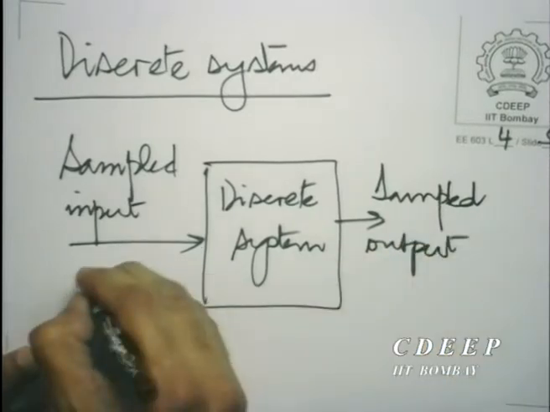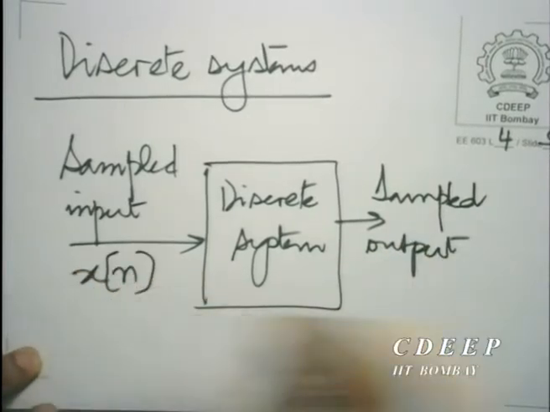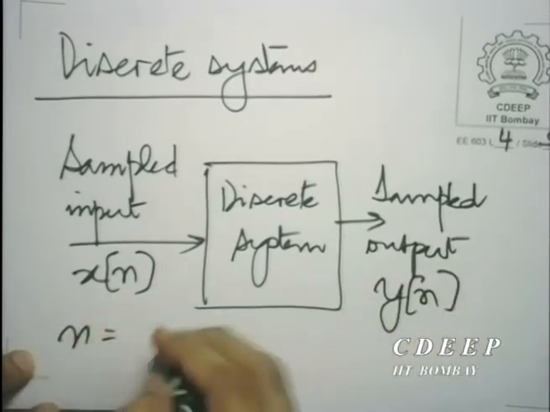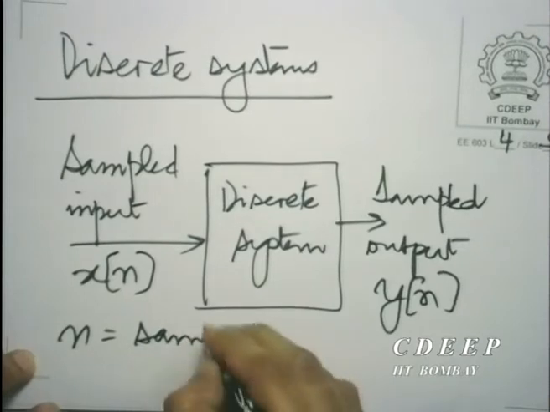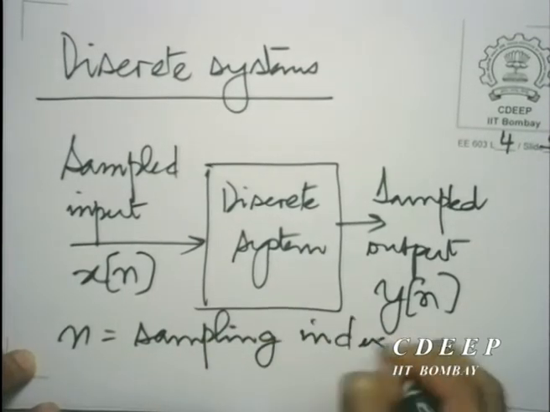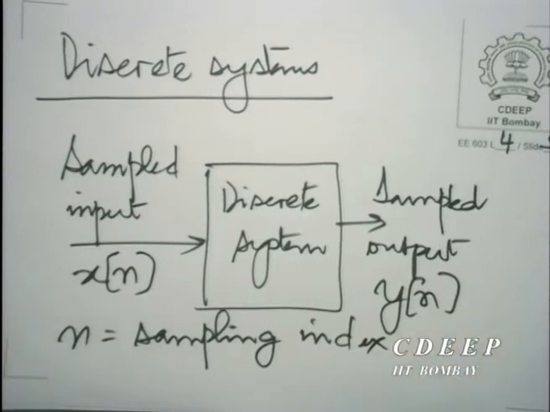We had agreed to call this input x of n and output y of n, and we associated n with the sampling index. In other words, when we say n equal to 0, we mean the 0th sample. When we say n equal to -1, we mean the -1th sample, or the sample at t equal to minus capital T, and so on, right? And we of course agree that the sampling instants are the same at the input and the output.